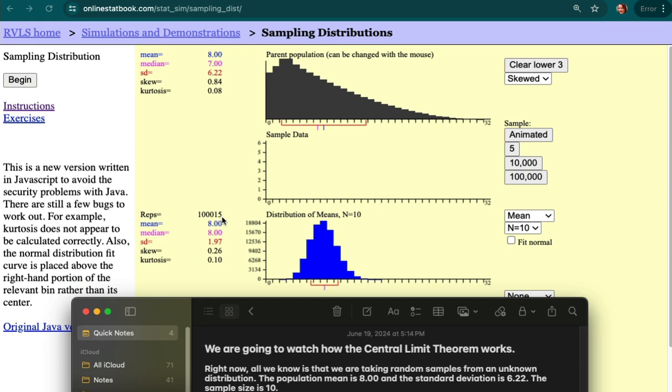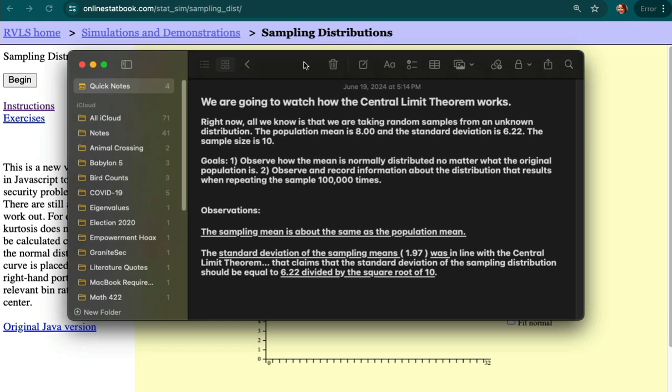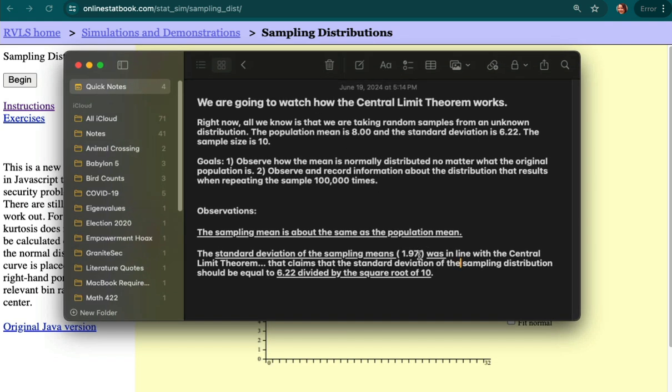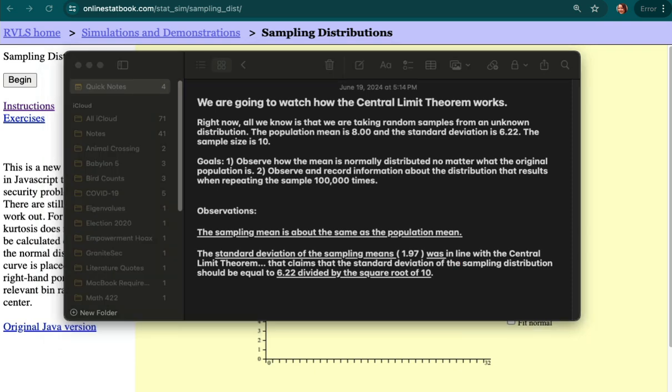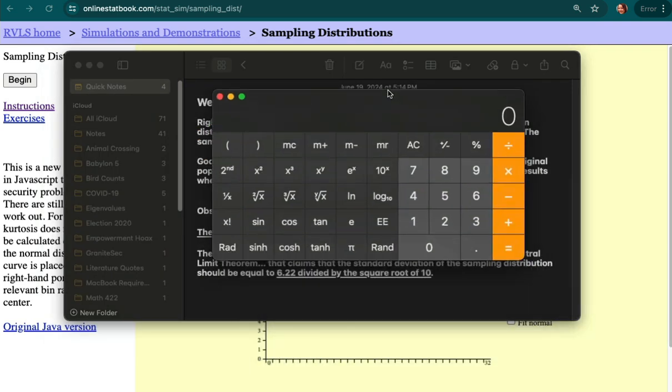And so when you calculate the standard deviation of that data, you get 1.97. So I wrote that number down. And according to the central limit theorem, that should equal our population standard deviation, which was 6.22, divided by the square root of our sample size, which was 10. So sigma divided by the square root of n should equal 1.97 if the central limit theorem is true.